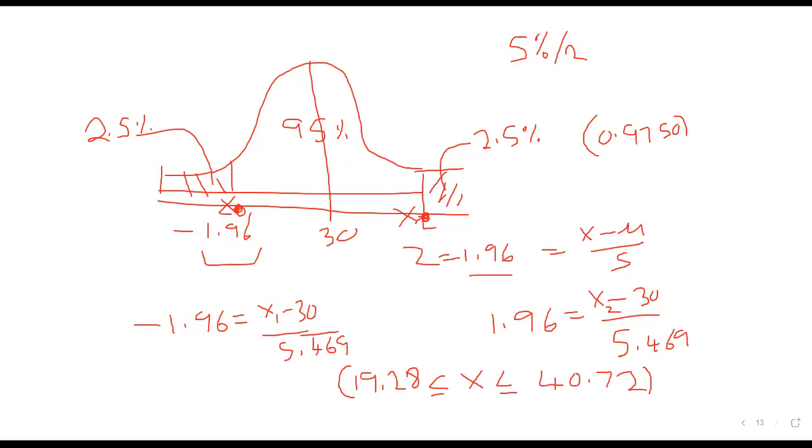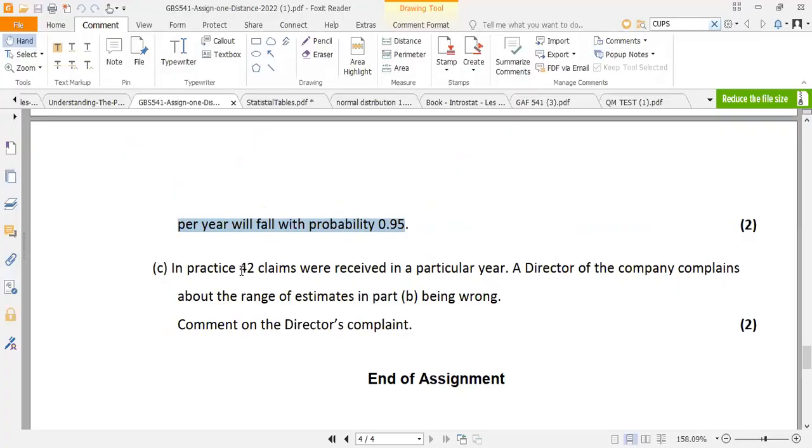The next question that the examiner is asking is, we are told that in practice, 42 claims were received in a particular year.